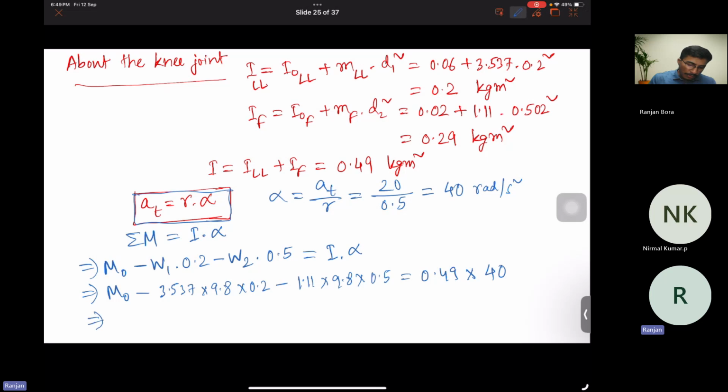If we solve this, then we'll get M naught equal to 31.97.